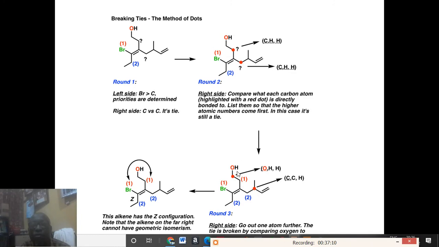Then you move to the next carbon. Here you have oxygen, hydrogen, hydrogen, and here you have carbon, carbon, hydrogen. Then when you come to the next atom, you notice that here you have oxygen and here you have carbon. Oxygen has a higher atomic number than carbon, that is why this one will be 1. So here, the ones ranked higher priority are on the same side. So this will be the Z configuration, the Z isomer.